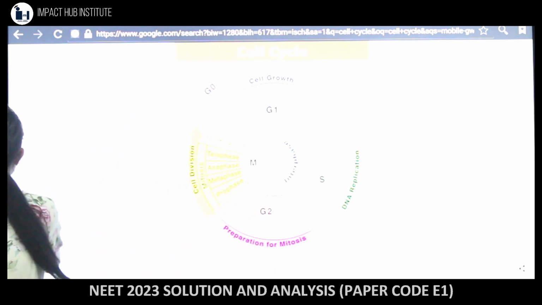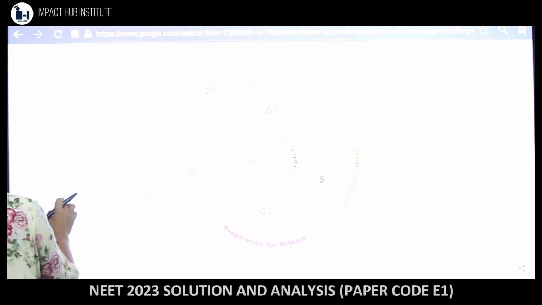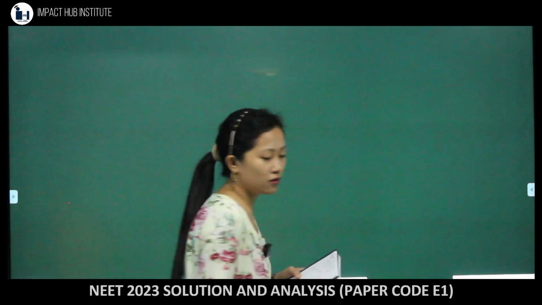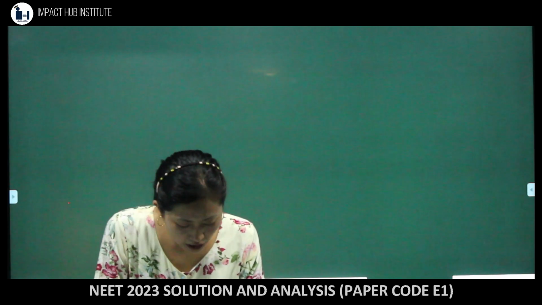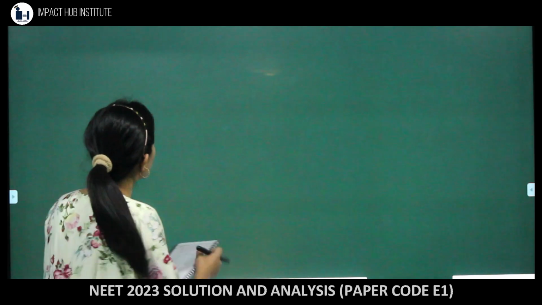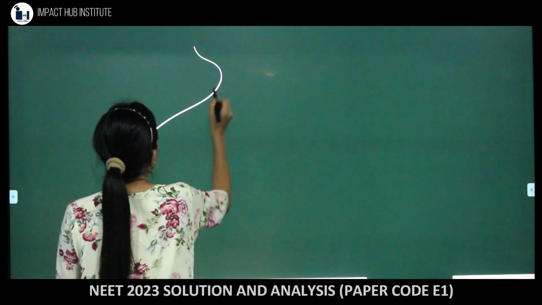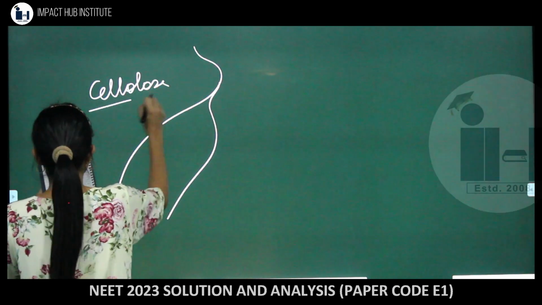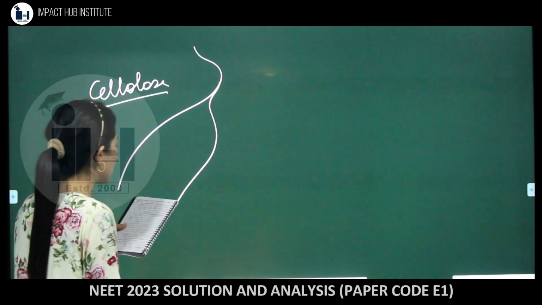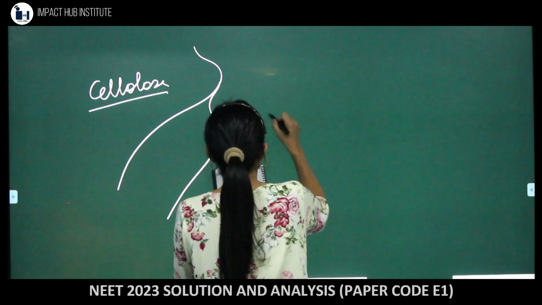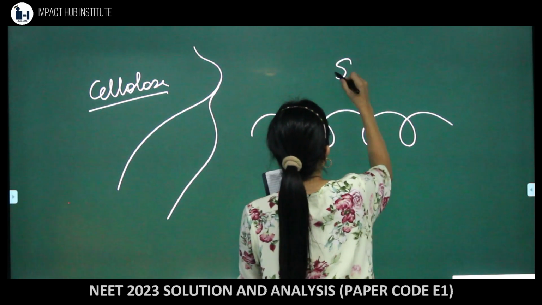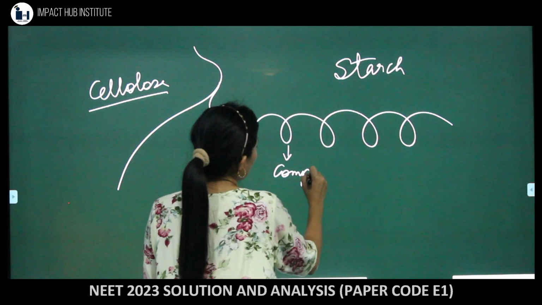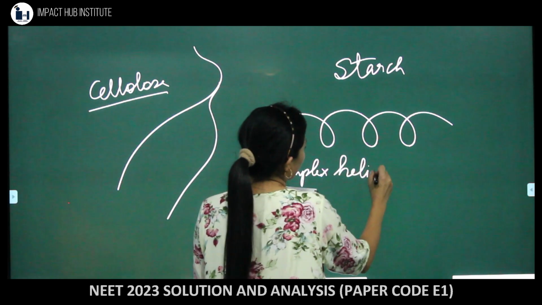If we look at the structure of cellulose, it is very simple compared to the other structures. It looks somewhat like this. They do not have complex helices. In case of starch, the structure looks like this, where we can see complex helices.